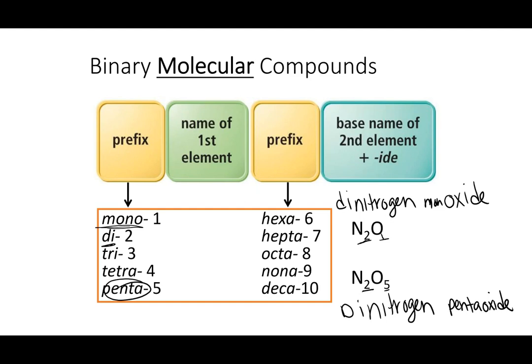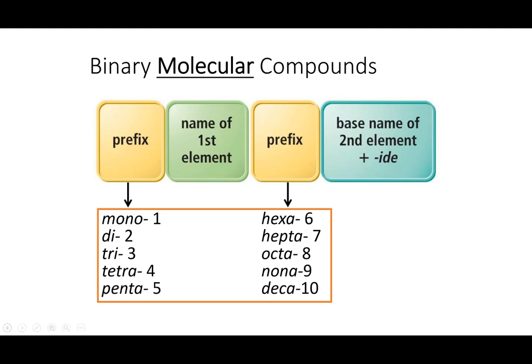I do want to talk about one exception to the rule here. So that's the basics of naming covalent compounds. There are a couple exceptions to the rule, but it turns out you already know those exceptions to the rule. So I want you guys to go ahead and write the name of this compound.